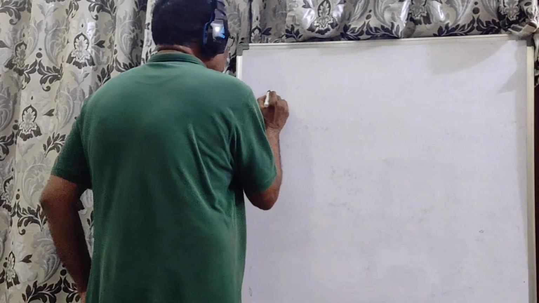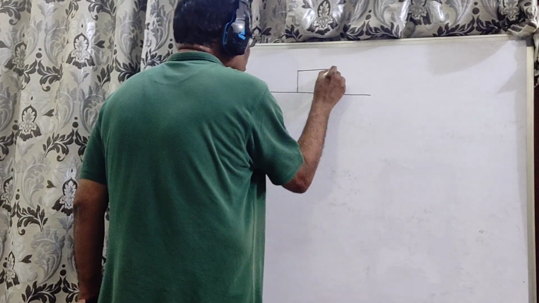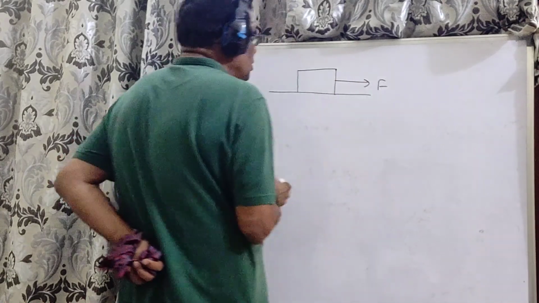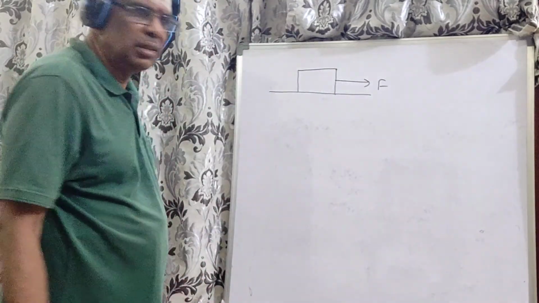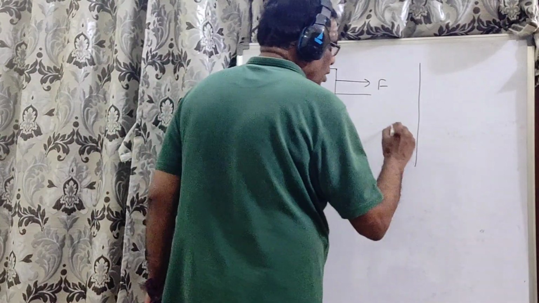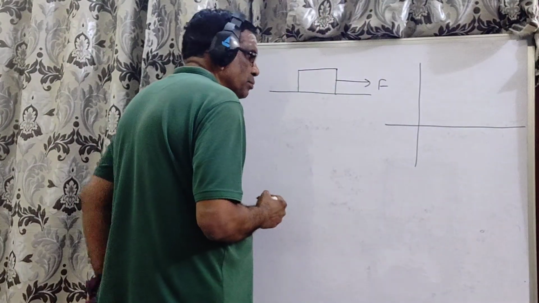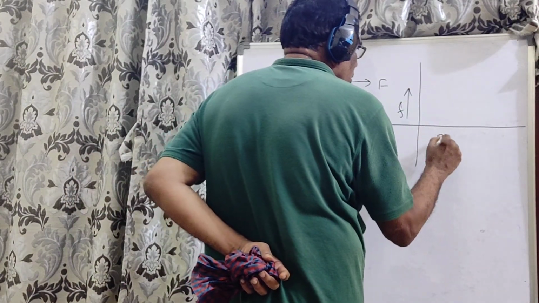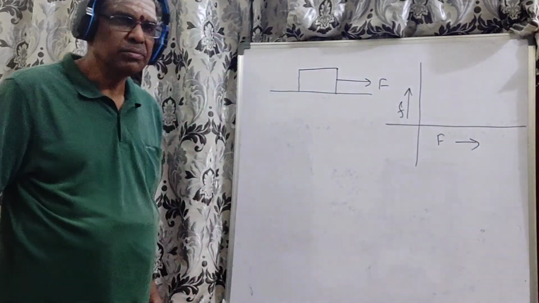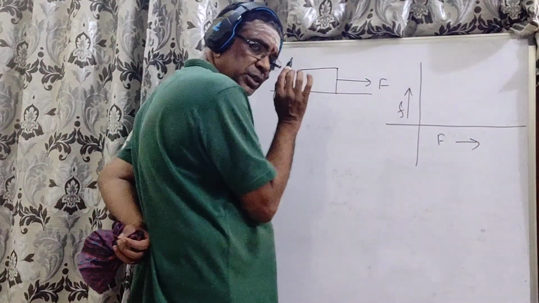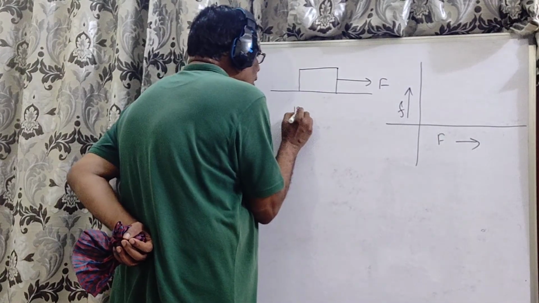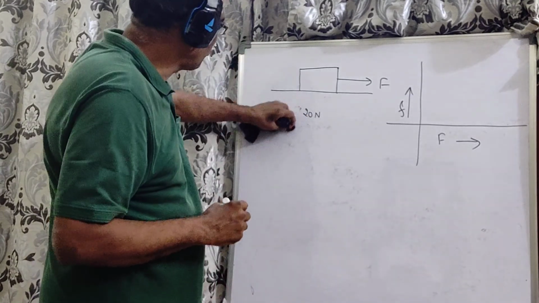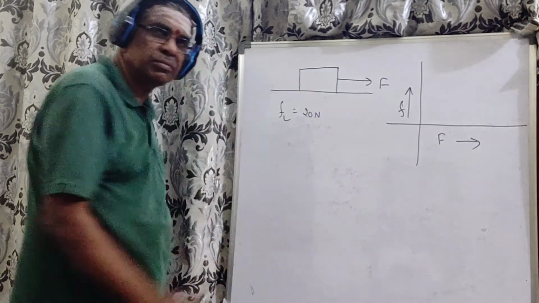Then, we will take a case. Trying to produce that motion in this body, and I want to plot it. This is frictional force, this is applied force. Now let me presume that 20 newtons is Fl for this.